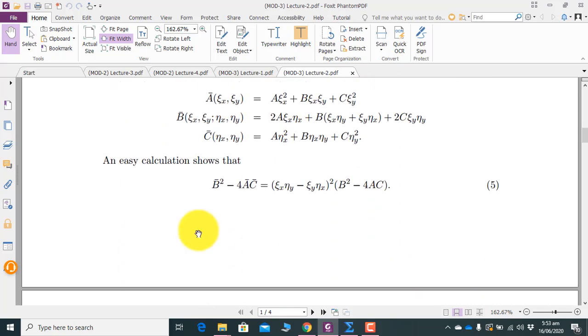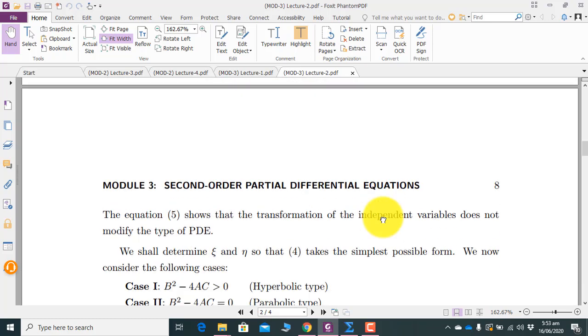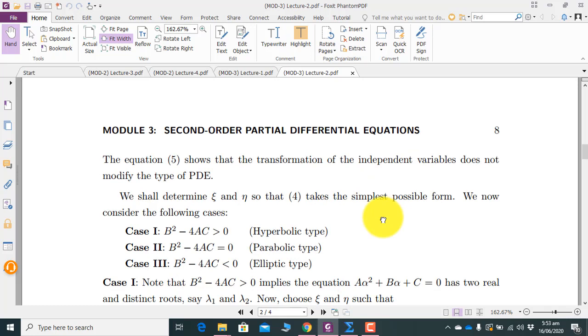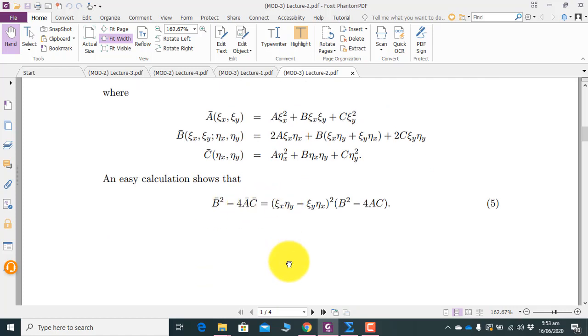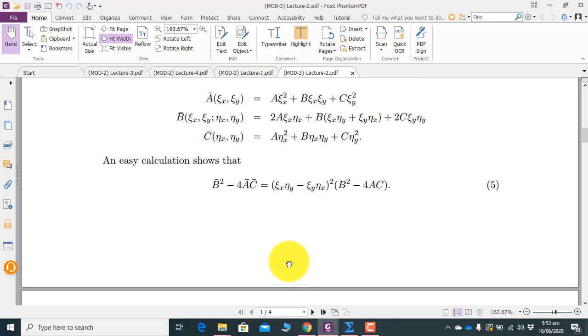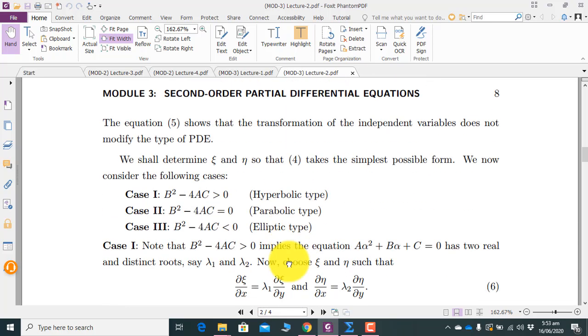What I am saying is that the sign of the new discriminant depends on only one thing, which is the previous discriminant. This shows that the transformation of variables does not change the type of partial differential equation. If it is hyperbolic, after the transformation it will remain hyperbolic, because b bar square minus 4 a bar c bar will also be positive.